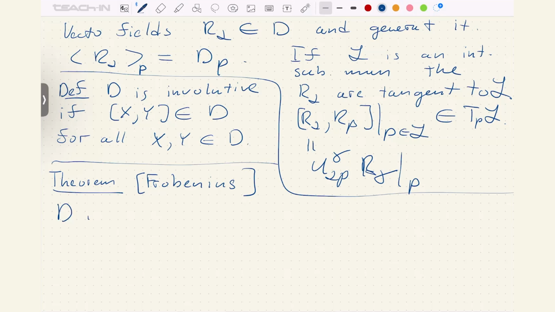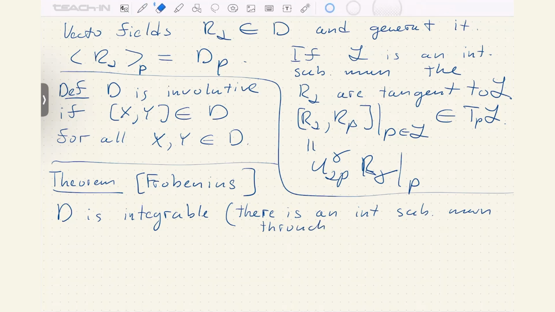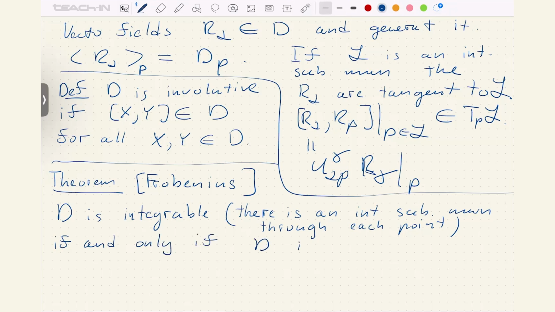which says that D is integrable, which means there is an integrable submanifold going through each point, if and only if D is involutive.